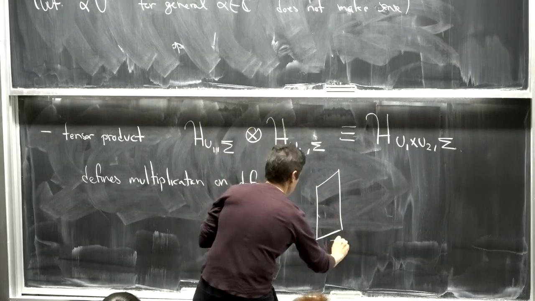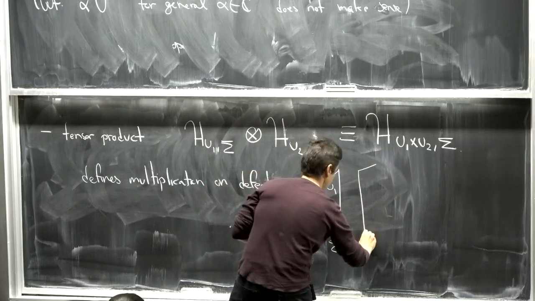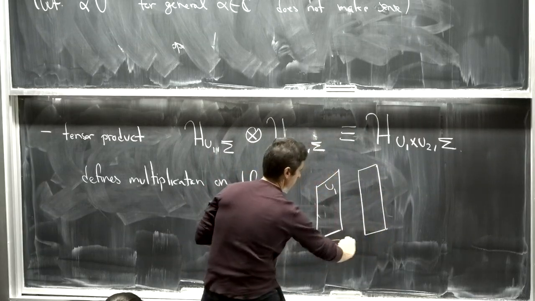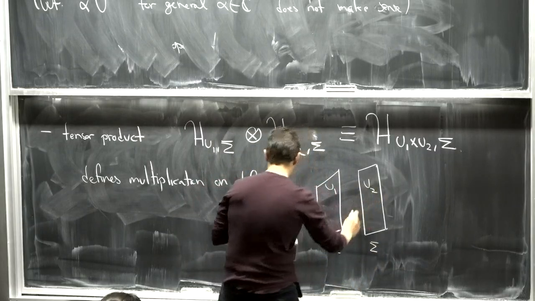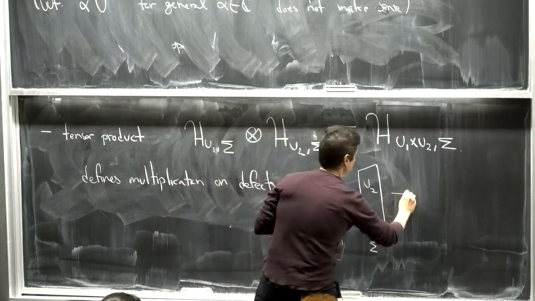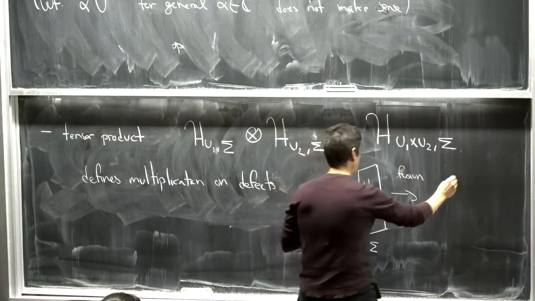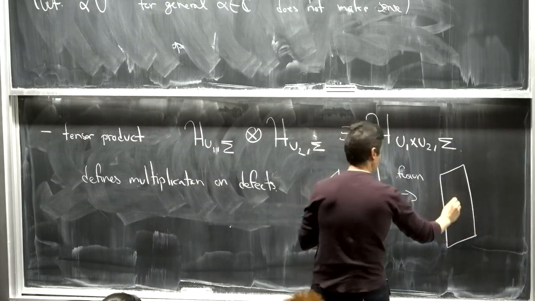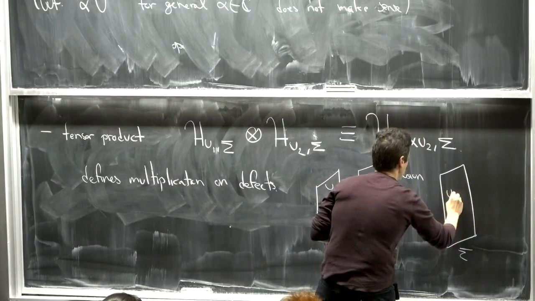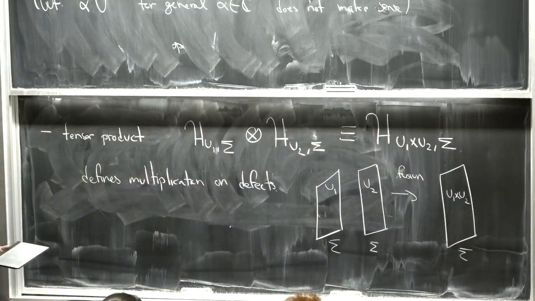So I can take, here's sigma, here's U1. Here's another copy of sigma just parallel transported away, U2. And then take parallel fusion, and put these defects right on top of each other. And here is U1 times U2. Now, notice we're in the topological universe here.